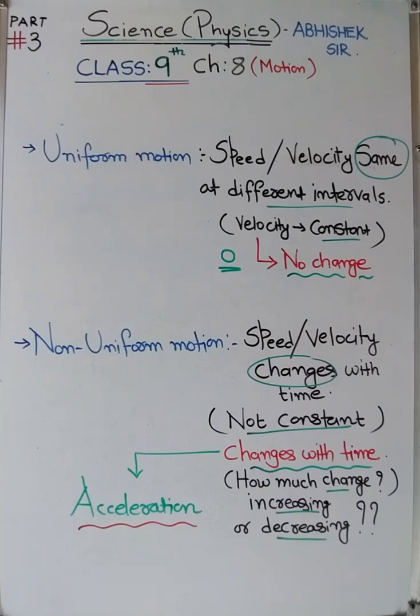So what do you do? You decrease the accelerator. You release the accelerator and your vehicle will stop after some distance. That means your velocity decreases when you release the accelerator. So the accelerator in the vehicle and acceleration are both related. Now let us see in detail about acceleration.